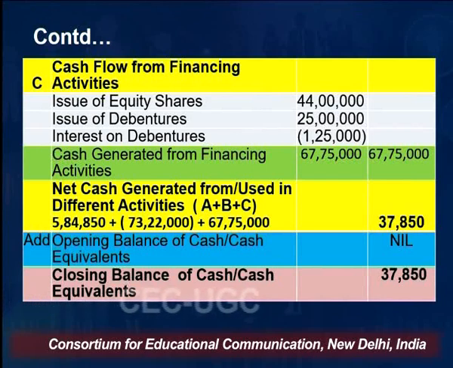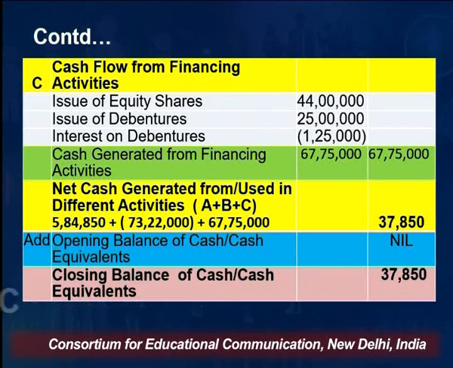Interest on debentures, remember only the payment part shall be considered. If you recall the question, 2,50,000 rupees of interest on debentures was due, but the company only made payment of 1,25,000, which shall be shown as cash outflow. So if you look at the net amount, rupees 67,75,000 comes as cash generation from financing activities.